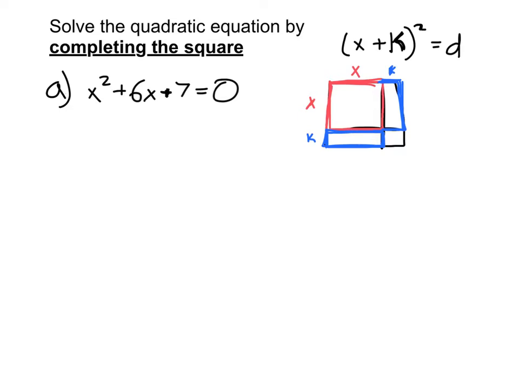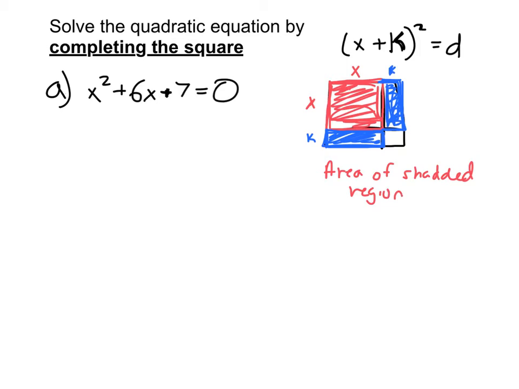So let's talk for a minute about the pieces of this. Let me shade in some of these pieces. I'm going to shade this one in blue, this one in blue, and this one in red. Let's talk about the area of the shaded region. The area of the entire square, we know that's d.